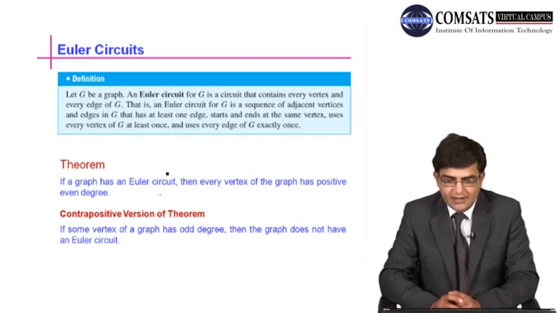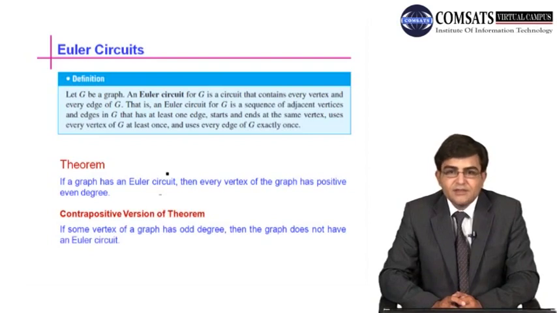What does it mean? It means that edges cannot be repeated and every edge must be used in the Euler circuit. Every vertex must be used to construct an Euler circuit, but vertices may be repeated. So this is basically the formal definition of an Euler circuit.